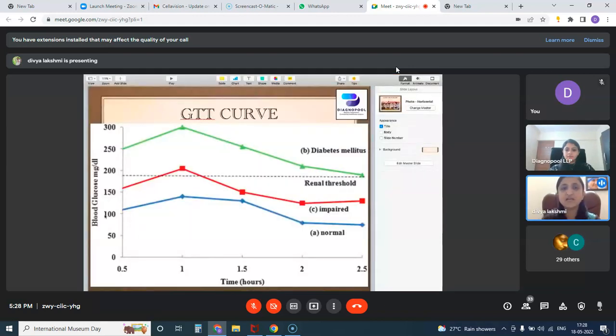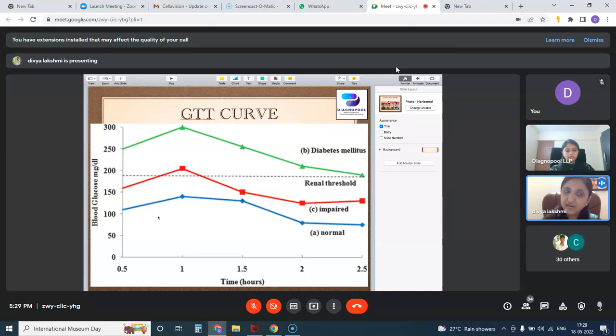So in normal individuals, when you give a glucose solution, that is 75 gram or 100 gram, the glucose will rise up to 100 to 120 and slowly increase up to 140, but it will reduce within 2 to 3 hours.